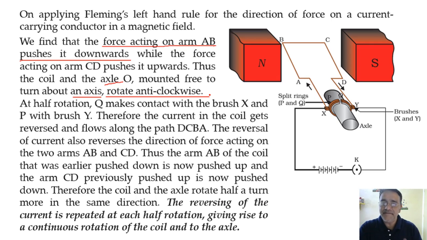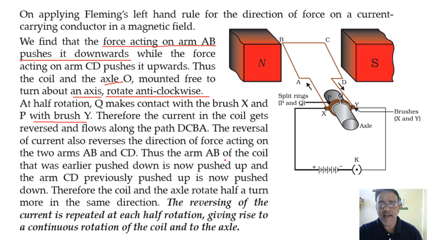And now at half rotation, Q makes contact with the brush X and P with brush Y. Therefore, the current in the coils gets reversed, and also reverses the direction of force acting on the two arms AB and CD. अगर रिवर्स हो गया, सो AB ऊपर जाएगा, क्योंकि AB इससे पहले नीचे आ रहा था. नाउ करंट का डायरेक्शन रिवर्स होने की वजह से AB ऊपर आएगा और CD फिर नीचे आएगा. तो ये ऐसे चलता रहेगा.